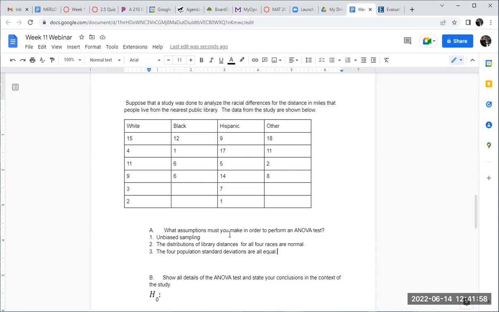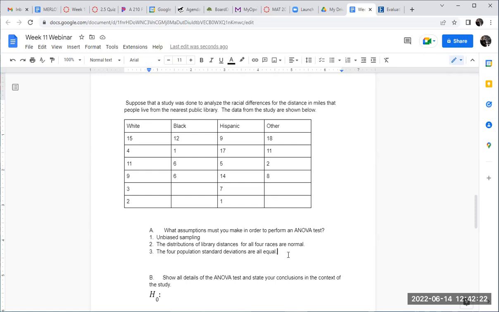You have a lot of people living near the library, and then you got those few scattered people that are far away. And that would be a skewed right distribution. Does that make sense? There'd be some outliers that are far, but you're not going to have outliers that are close. Does that make sense? So my guess is they're not normal, which right away is probably a bad thing.